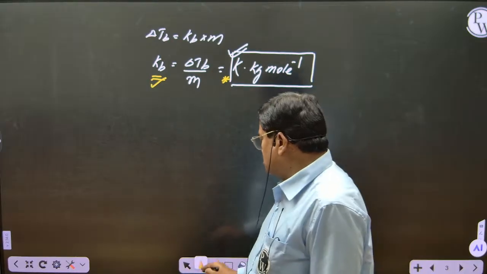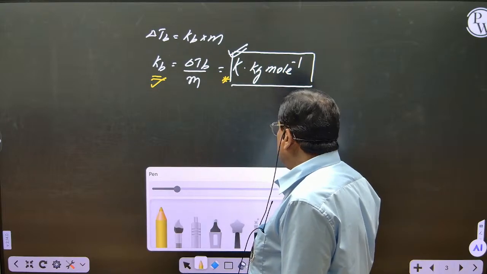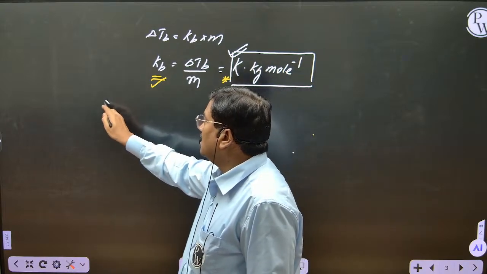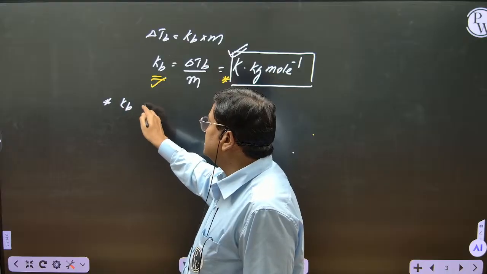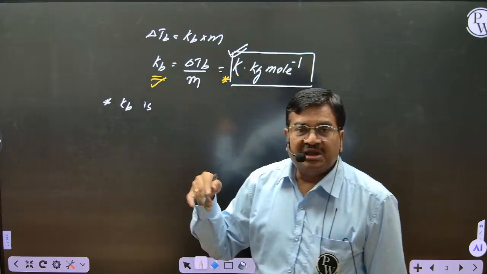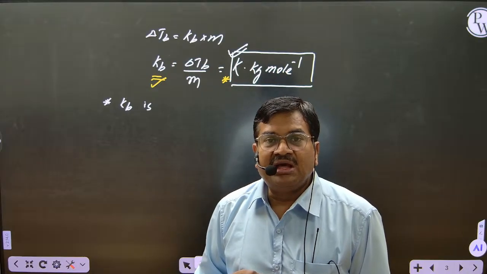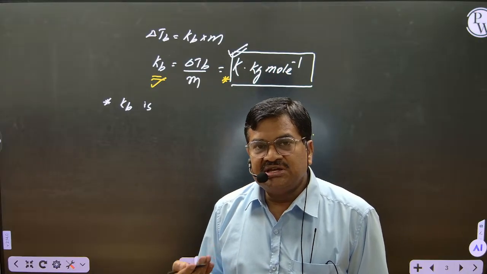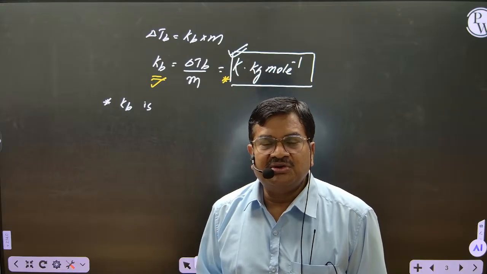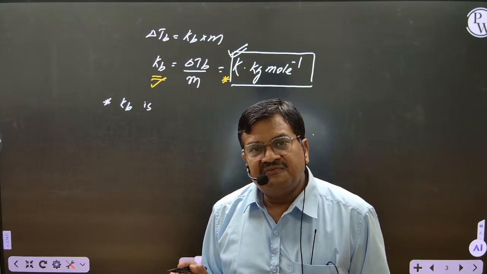Clear? So make a note, Kb is independent of what? Very important. Once in an exam they asked a question: when the molality of the solution is doubled, what happens to the Kb value? Even if you change the concentration, whatever the amount of solute you add, the Kb value will be fixed.